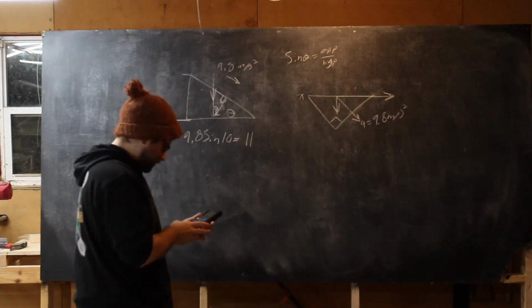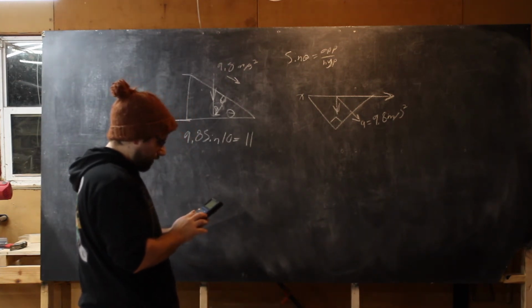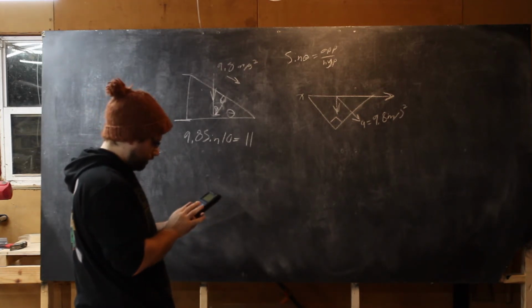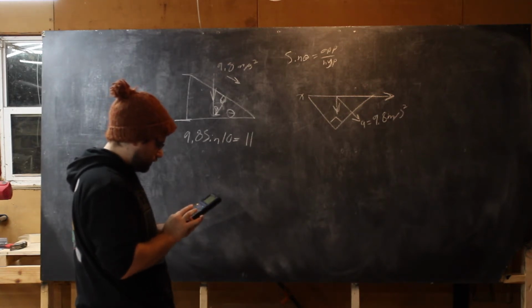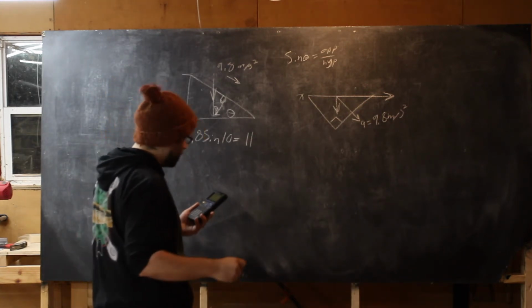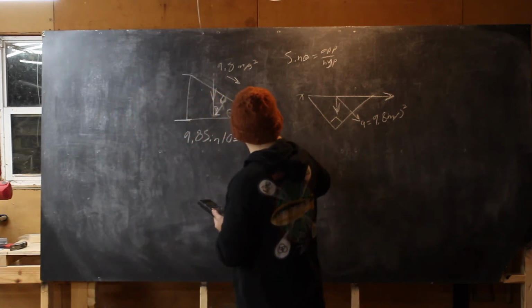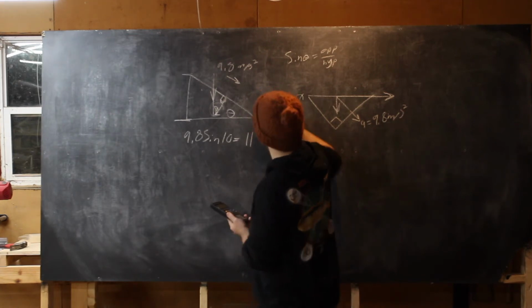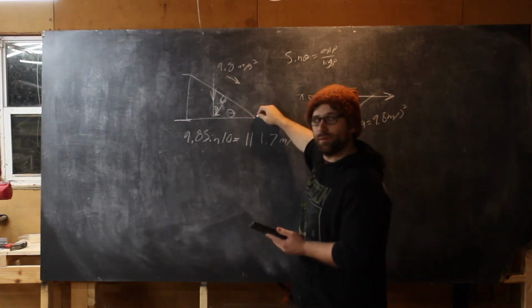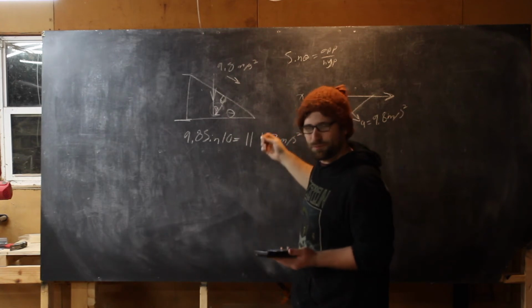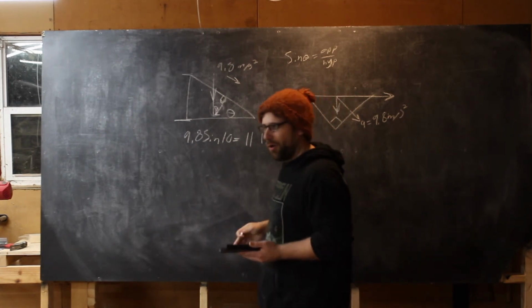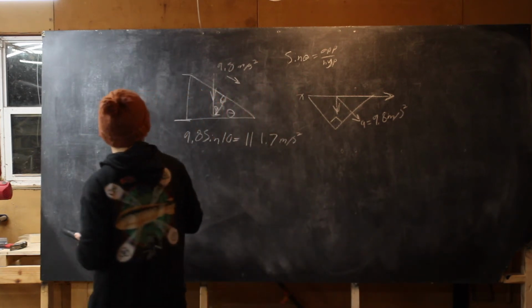So my acceleration as an effect of gravity, but not equal to gravity. Remember, we did this lab. We looked at this. 9.8 times the sine of 10. It's going to give me an acceleration of 1.7 meters per second squared parallel to the ramp. Okay? That's pretty cool. That's much easier, just doing one equation. So hopefully now you see the benefit of using the trigonometry.